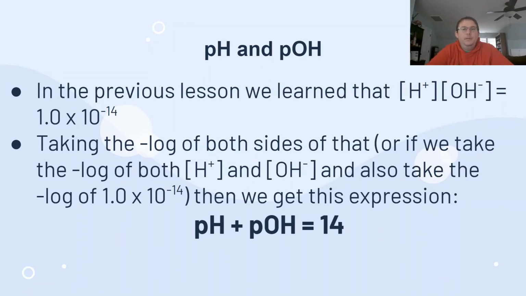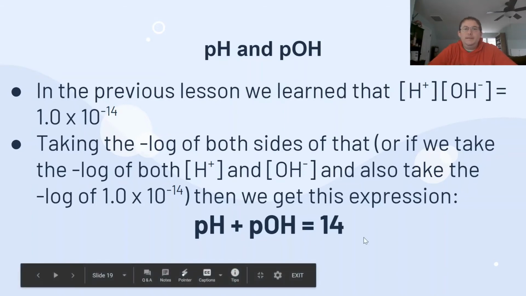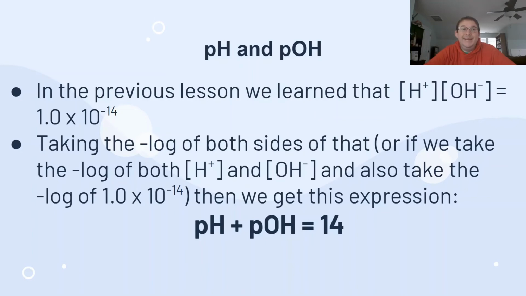So let's talk a little bit more about pH and pOH. We're going to add to this list of equations that we're making, formulas that we're making to solve these problems. In the previous lesson, we learned that the product of the hydrogen ion concentration and hydroxide ion concentration is equal to 1 times 10 to the negative 14.